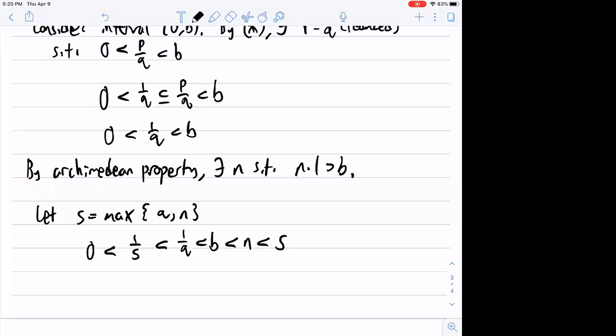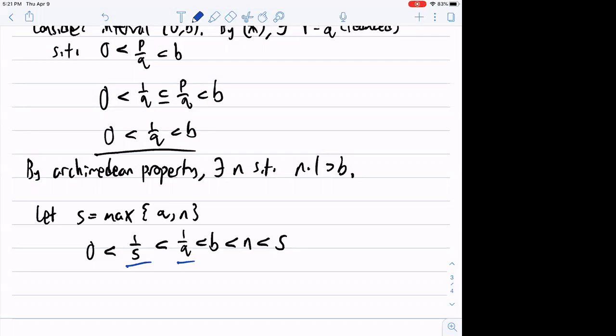From here, we had this. Now S is the max of Q and N. So in particular, S is bigger than Q. And when I put S in the denominator, it's certainly smaller than 1 over Q, because I have a bigger denominator. So this side holds.